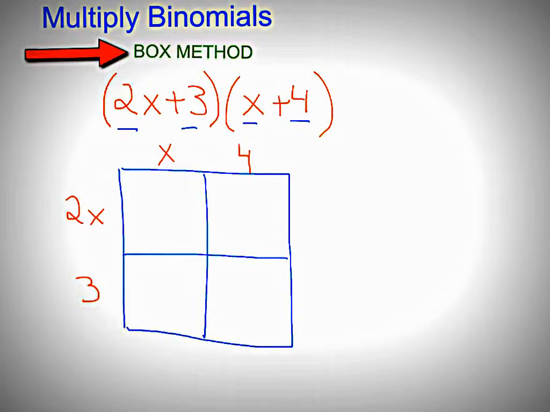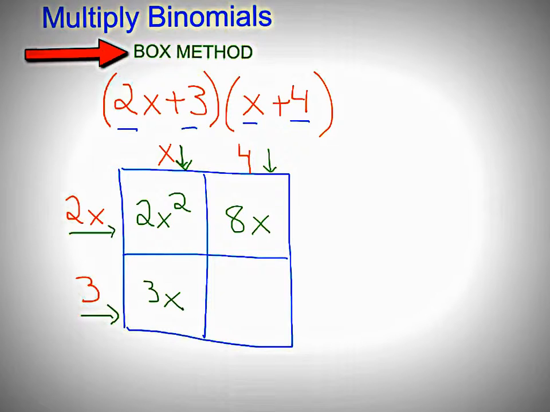So to fill in the first box, 2x times x is 2x squared. And then 2x times 4 is 8x. The bottom left box, it would be 3 times x is 3x. And then that last box, 3 times 4 is 12.